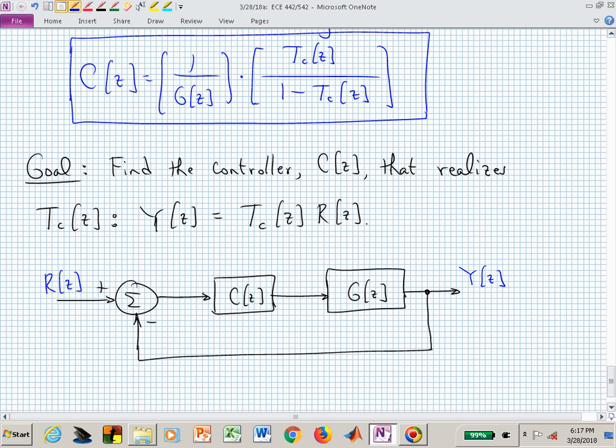And this structure is fixed. We have unity feedback, a gain of 1 in the feedback path. We don't have any transfer function down here. That's 1. We're measuring the output and then negating it and comparing it with the reference, and that gives us an error signal.